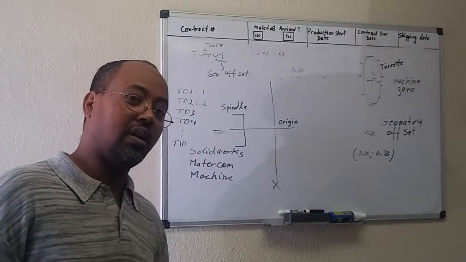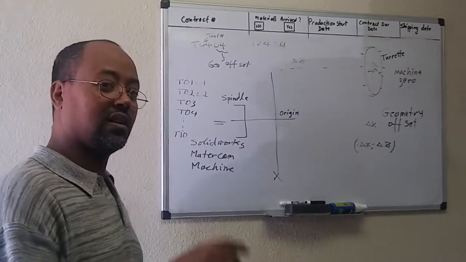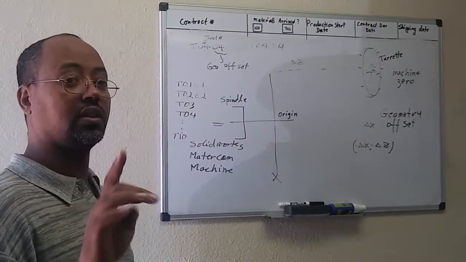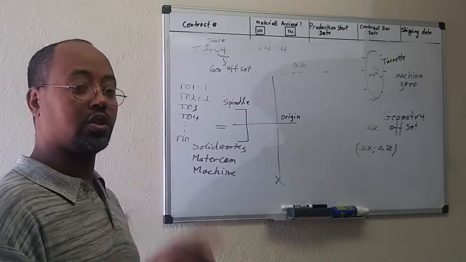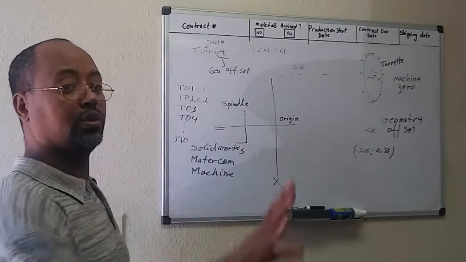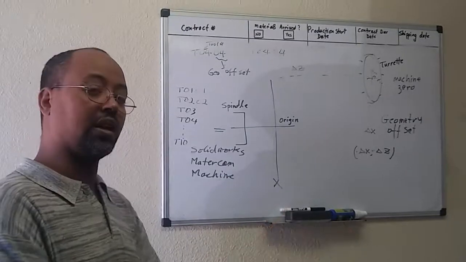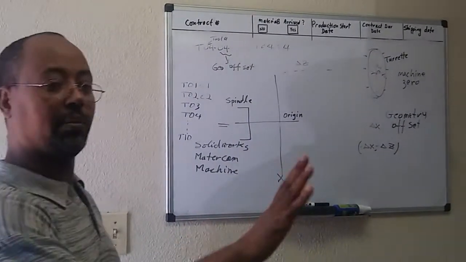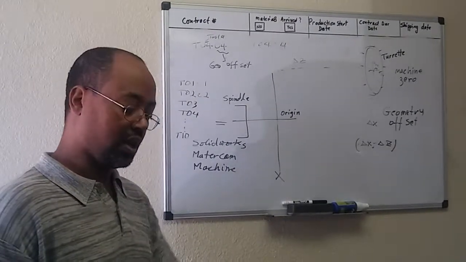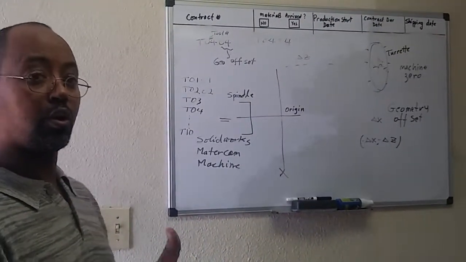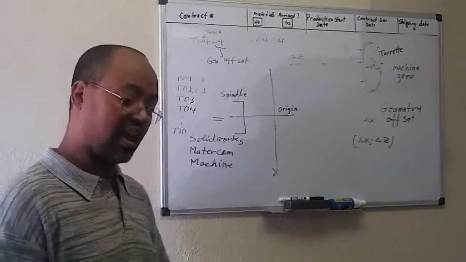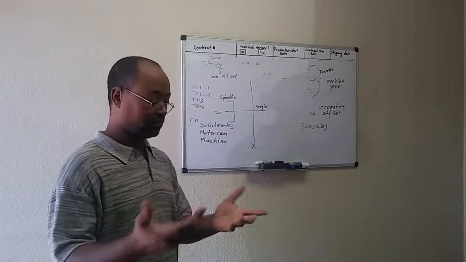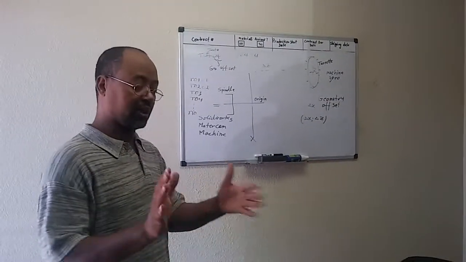On the turret face, if the turret holds 10 tools, that is 01, 02, 03, 04, all the way to 10. That's permanent. It's already engraved, the numbers are right there, you can see it. So you just hook your tool holder into every location, attach your tool inserts, and it's done.